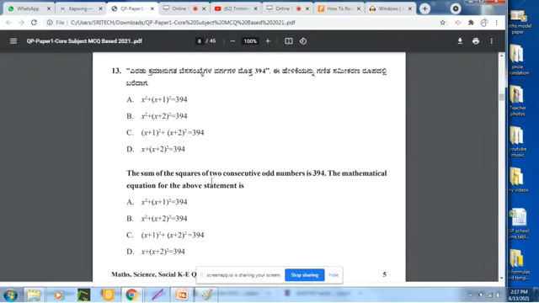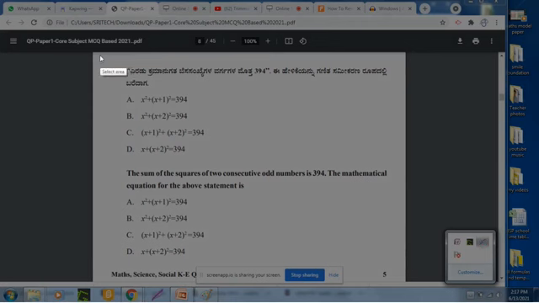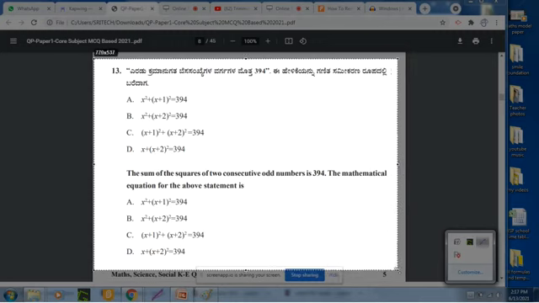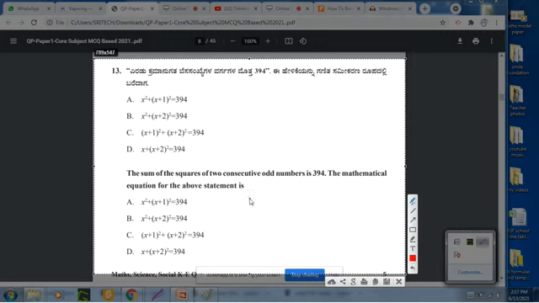13th question. The sum of squares of two consecutive odd numbers is 394. The mathematical equation for the statement is. We all know that two consecutive odd numbers are x and x plus 2, not x plus 1. If 3 is an odd number, the next odd number will be 5. The immediate next number we call a consecutive number.